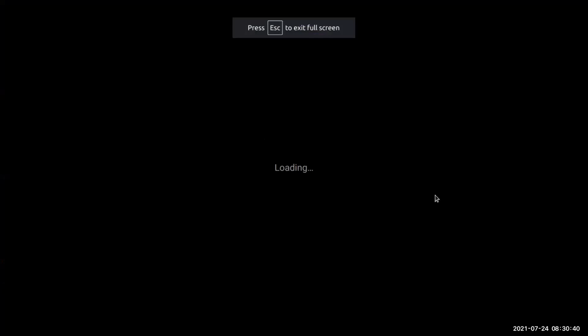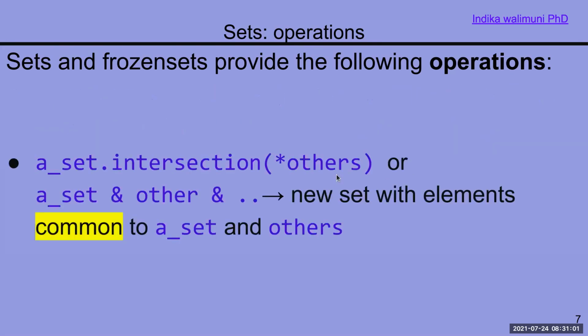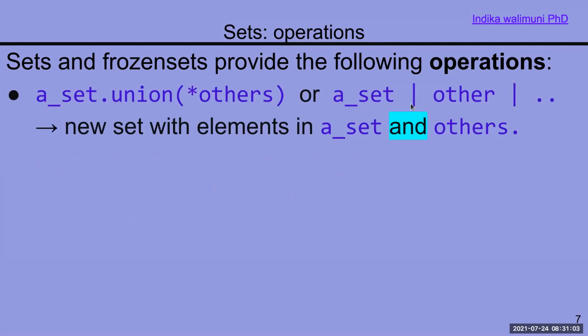So we are continuing on set operations. The union. So we already learned it in middle school, right? The union of two sets. Basically, a new set with elements from both. So that's the union. And we can use the operator version of it as well.